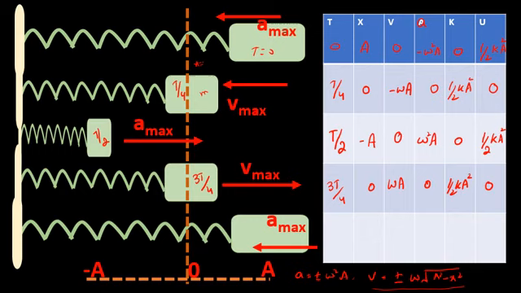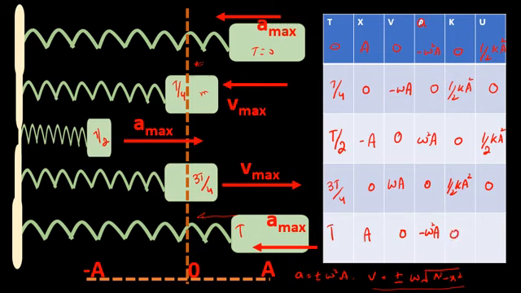Now at time T, that is at full cycle, it started from x is equal to a, and now it is again at position x is equal to a. So at full cycle the position is x is equal to a, and again velocity will be equal to 0. Now the acceleration is again directed towards the equilibrium position, the negative acceleration will be equal to minus omega square a.